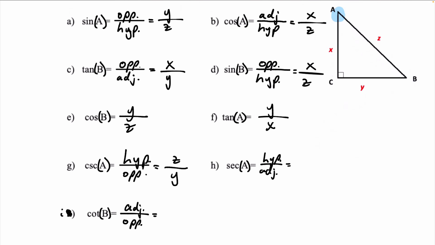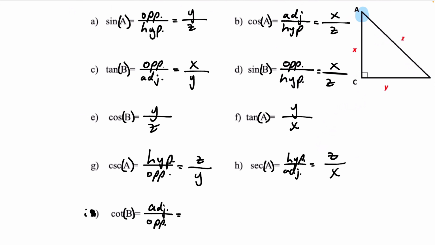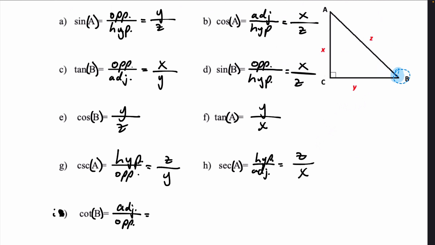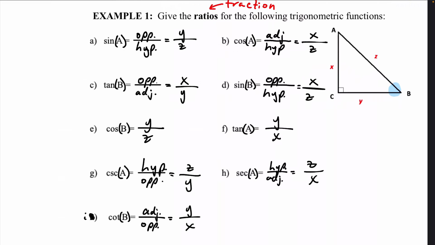So if I'm up here, hypotenuse is Z, adjacent is X. Z over X. And then the last one I'm at B, so I got to switch to B. Adjacent to B is Y, opposite is X. Okay.